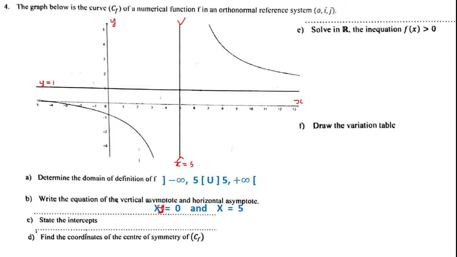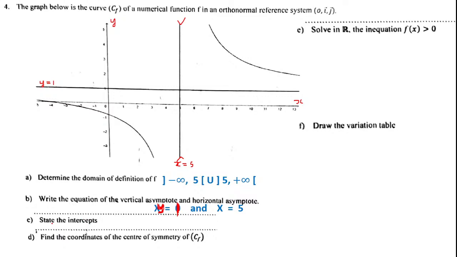For the horizontal asymptote, we have y equals 1, and for the vertical, we have x equals 5.